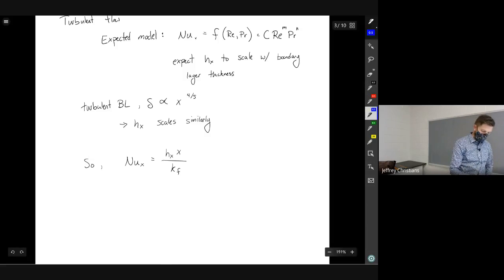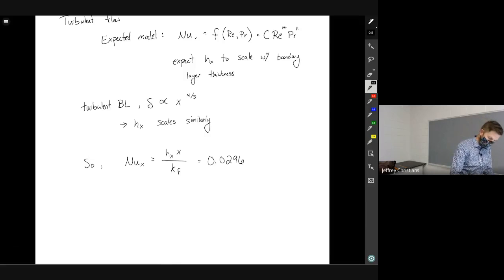So this scales as 0.0296, so that's our constant, times the Reynolds to the 4/5 power, Prandtl to the 1/3 power.